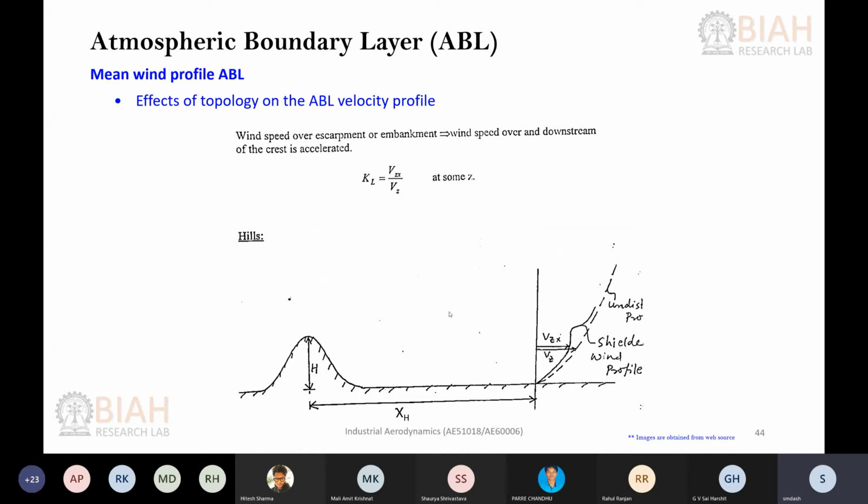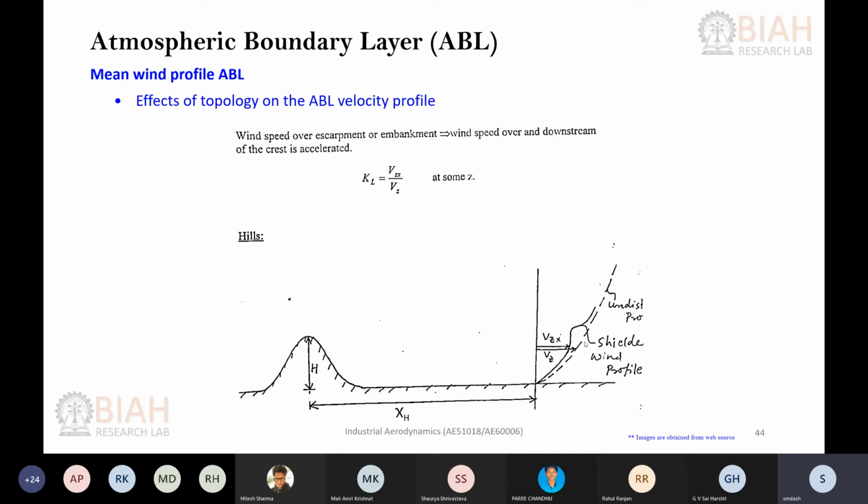There is another thing you need to know. Apart from the escarpment and embankment, you may see a hilly area or a valley region. Over the hilly area, if it is a sudden hill, not prolonged over a longer span, then your velocity values will have a protuberance.